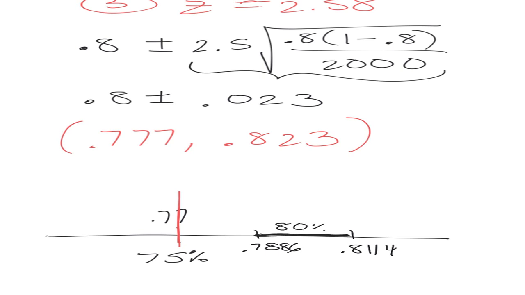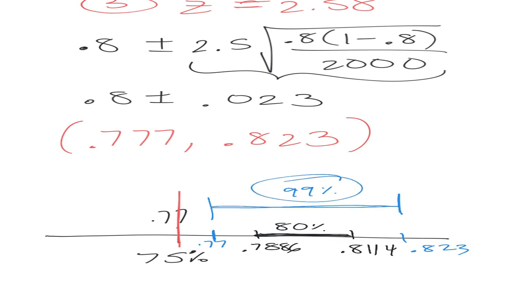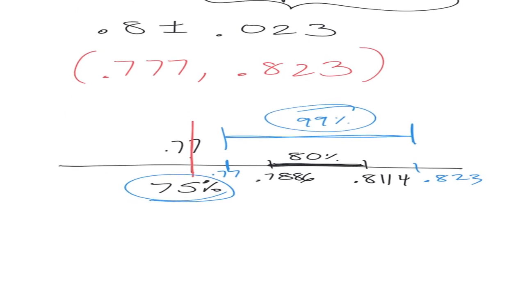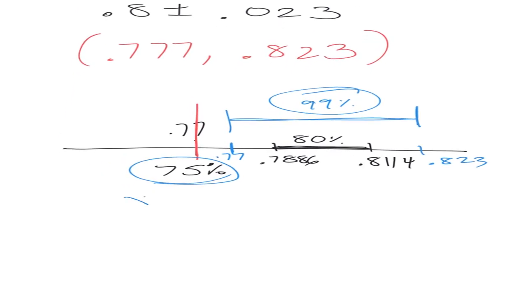Our 99% confidence interval is between 0.777 and 0.823. Even with a fairly large confidence interval of 99%, we can see that we are surpassing this threshold. Therefore, we can say with fairly high certainty that this law or proposition will pass.